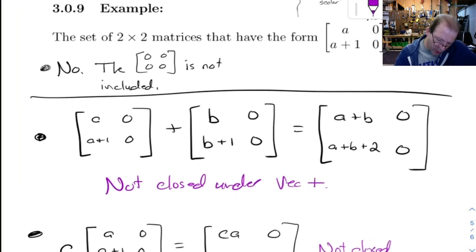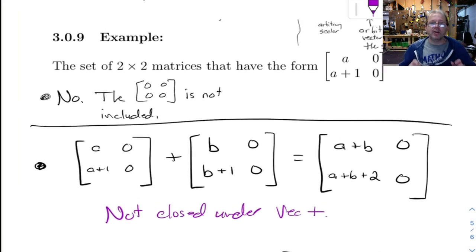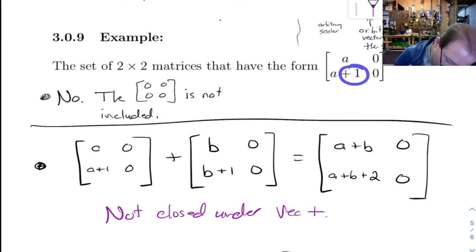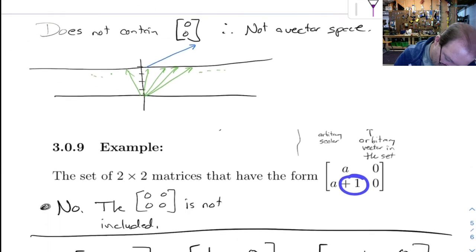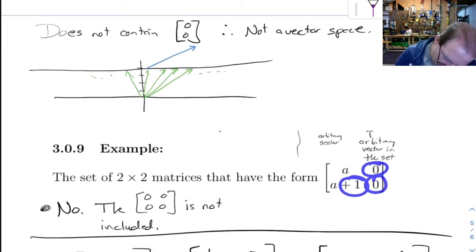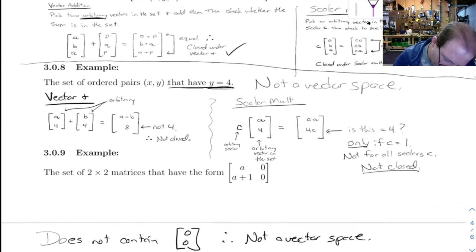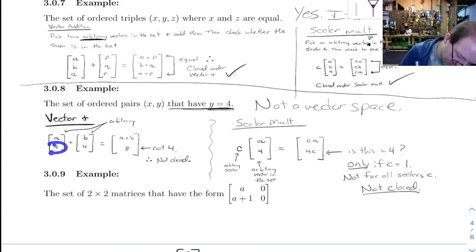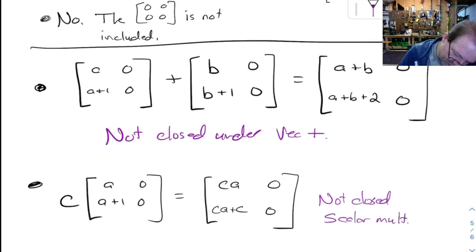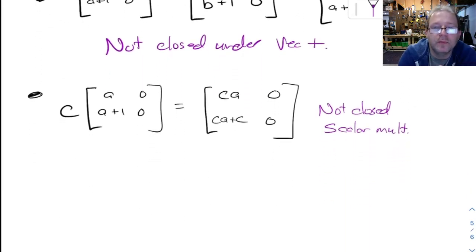I just want to say one more quick thing. The thing that messes you up on these, the things that make it not a vector space, are, in this case, the 1 messed things up. Notice the zeros, they didn't cause any problem. It's the 1. Up here on this problem, it's the 4 that messed things up. What messes things up is what I call a naked non-zero number.